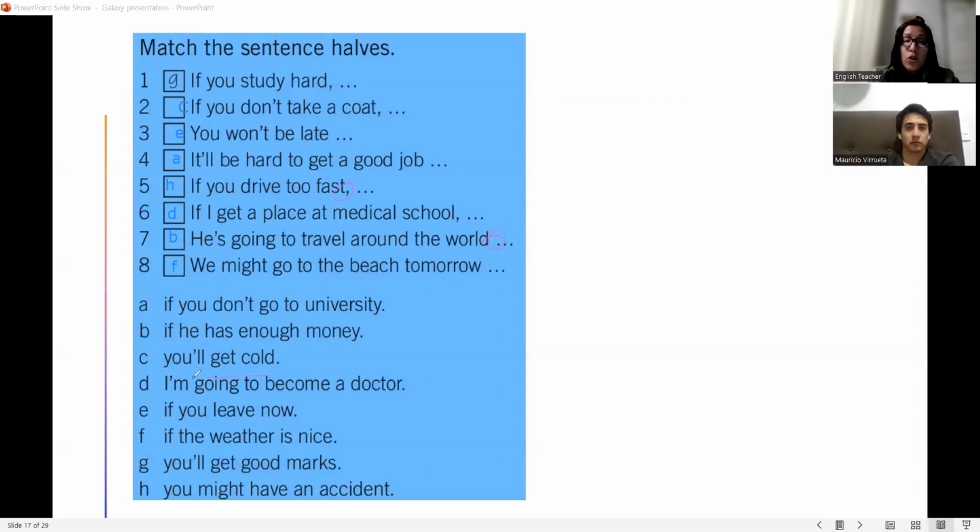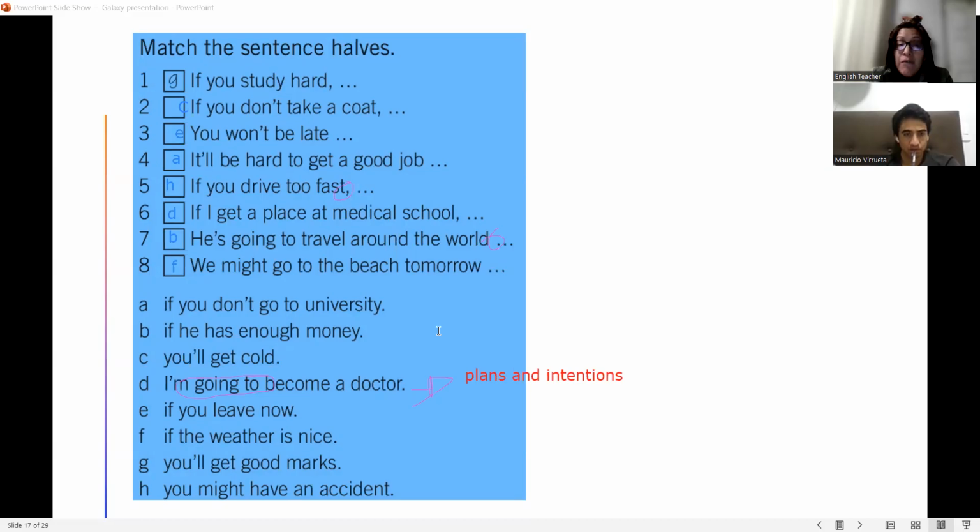Now, we can use going to. Generally we use will because they are possibilities, but remember that we use going to for plans, for intentions. So when you use going to, it's your plan, your intention.